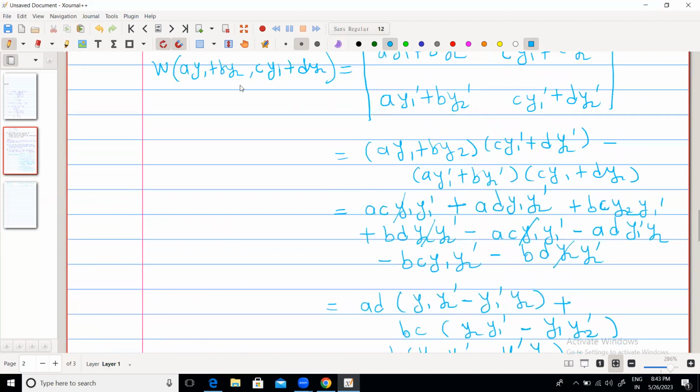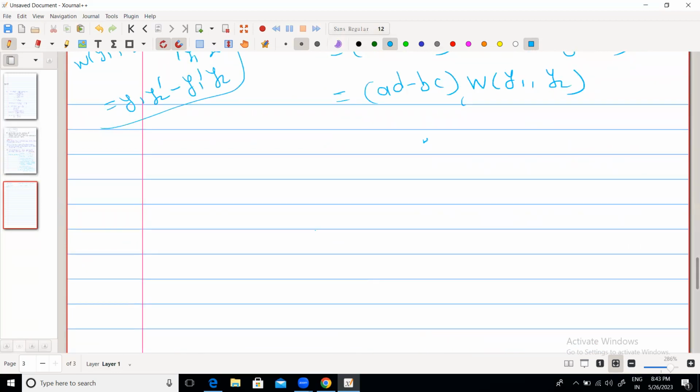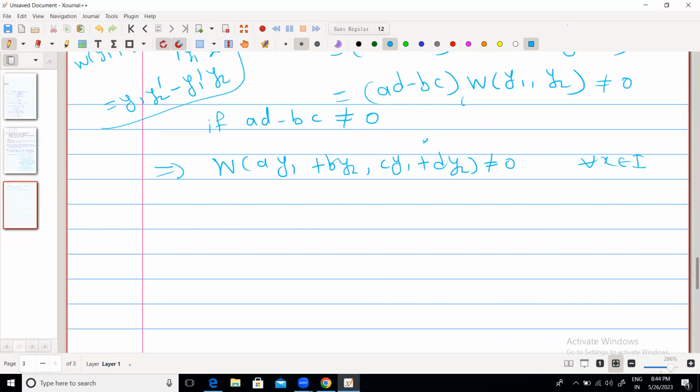So the Wronskian of A y1 plus B y2, C y1 plus D y2 is non-zero if AD minus BC is non-zero for all x belongs to I, which implies that A y1 plus B y2 and C y1 plus D y2 are linearly independent. Okay, so let us see one example.